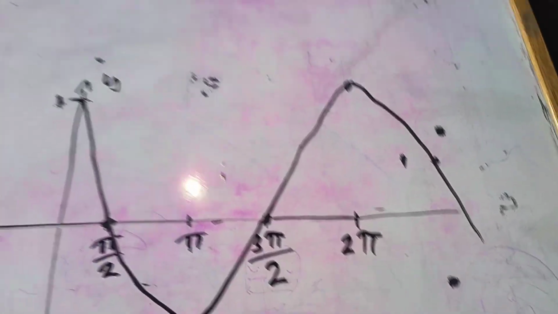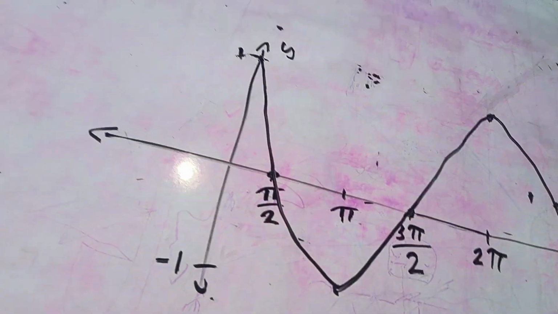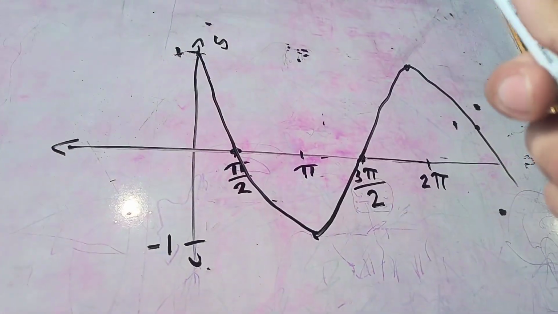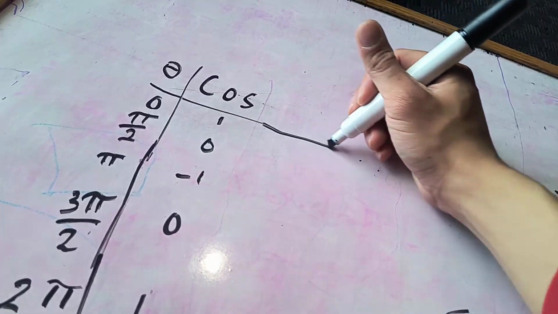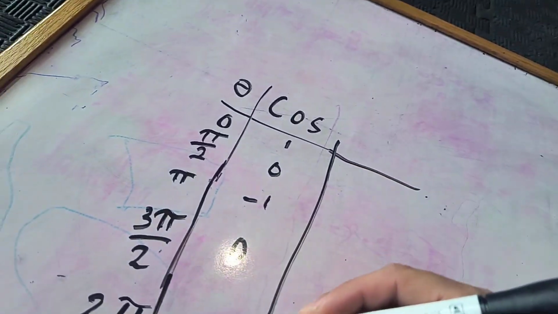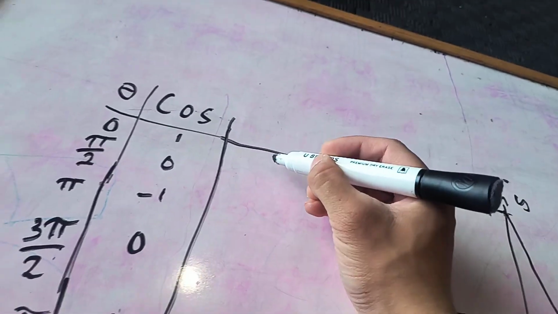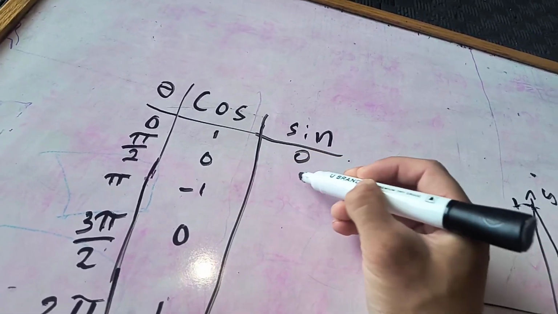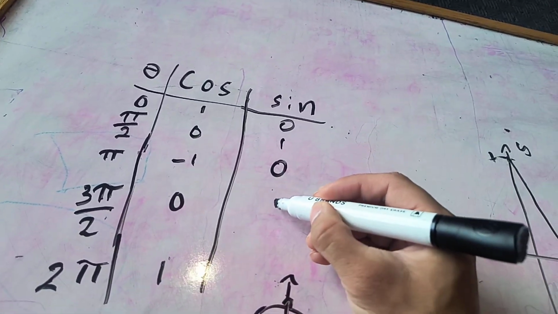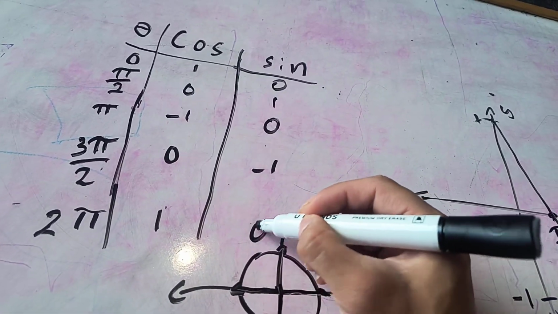That's what we'd get. And if you remember sine, it would be the opposite. If we were to plot sine, it would be 0, 1, 0, negative 1, and 0.